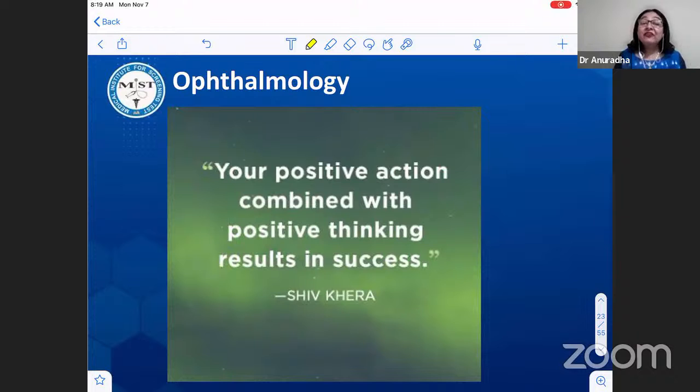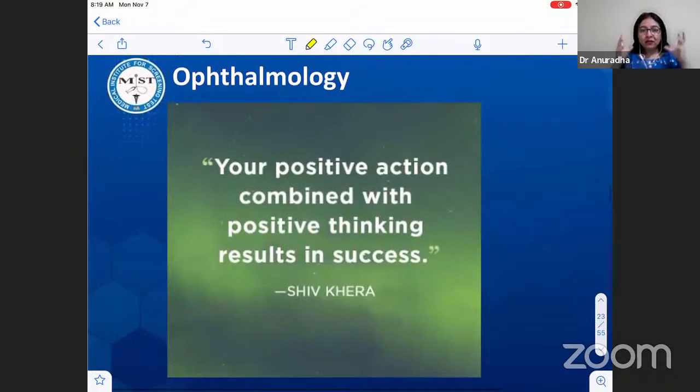Beta, I just want to emphasize what Shiv Khera told us. Your positive action combined with positive thinking is going to result in success. I think this should be in your mind these days. You have worked hard in preparation for your exam. Just complement it.